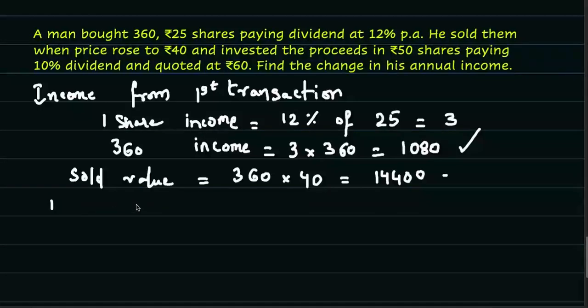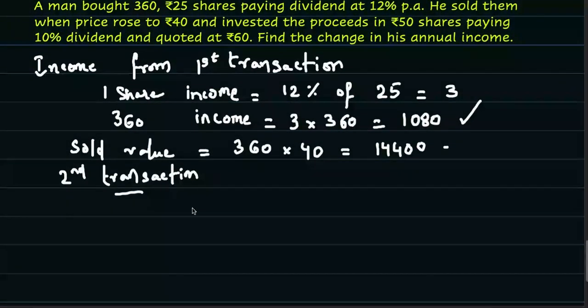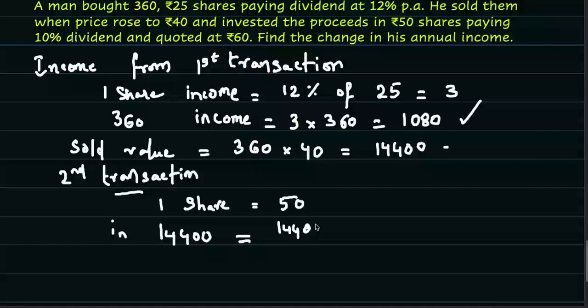Now moving on to the second transaction. Second transaction says he has got rupees 50 shares. If one share costs 50, then how many shares can he get in 14,400? In 14,400 amount, he will get how many shares? 14,400 divided by 50.